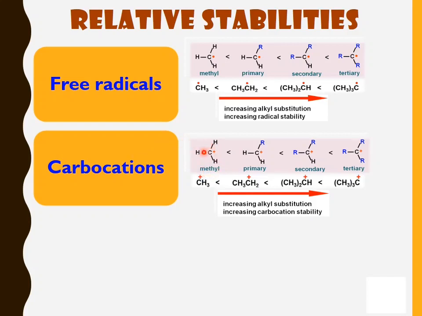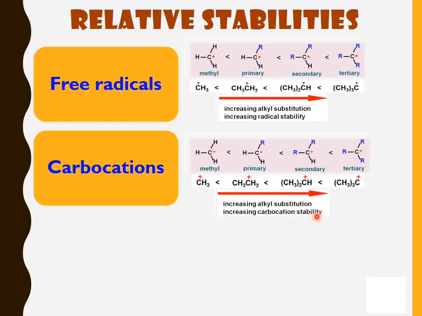We have methyl, which is the positive carbon bonded with 3 hydrogen. And we have primary carbocation, the positive carbon bonded with 1 carbon. Secondary, if this positive carbon is bonded to the other 2 carbon, and tertiary bonded to the other 3 carbon or alkyl group. Increasing alkyl substitution will increase the carbocation stability.